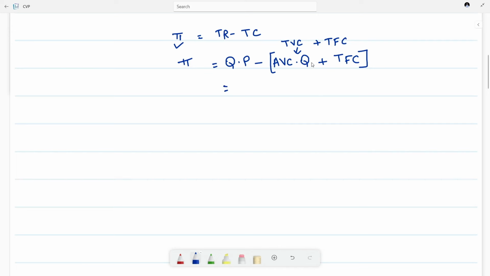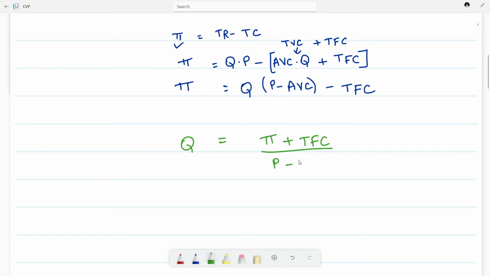So let me first take Q common. This will come out to be price minus average variable cost, minus total fixed cost, profit. So if I take this profit plus total fixed cost, and this will come in the denominator, price minus average variable cost, this will give me quantity.